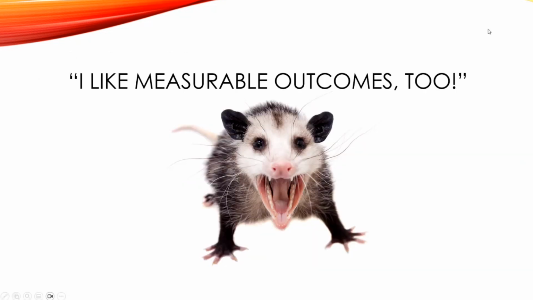Measurable outcomes are super awesome because they're so clearly linked to that baseline measure. The second you have a good baseline measure, you'll know what your measurable outcome is. And conversely, if you're able to think of how am I going to measure this person's progress, then you'll automatically be able to know what your baseline measure is.